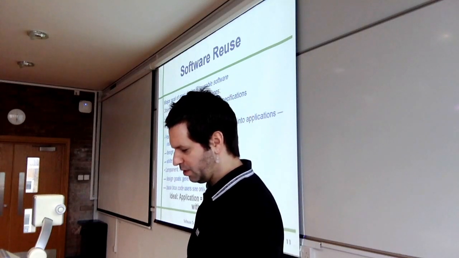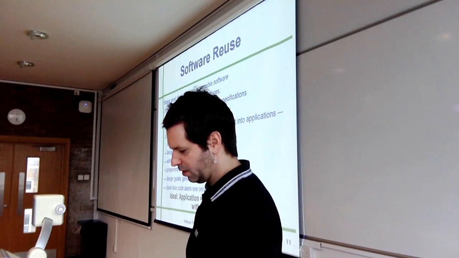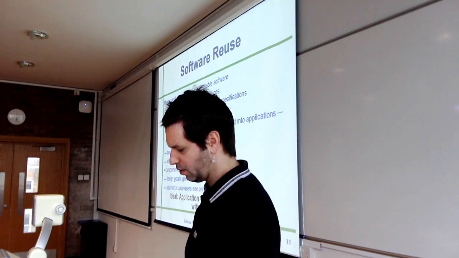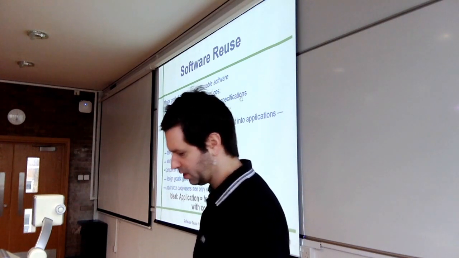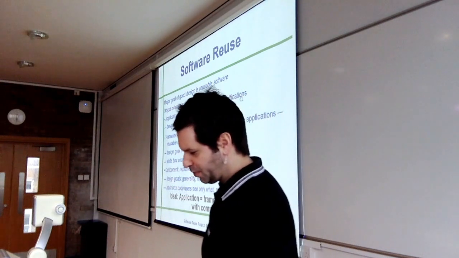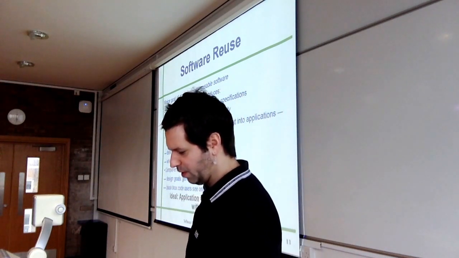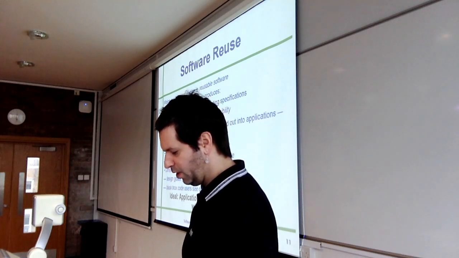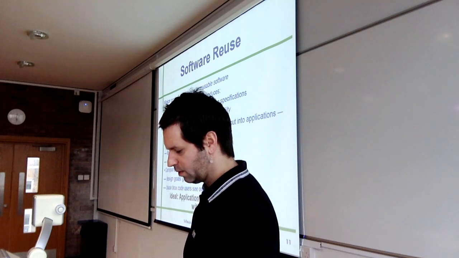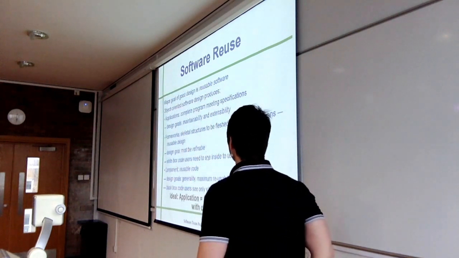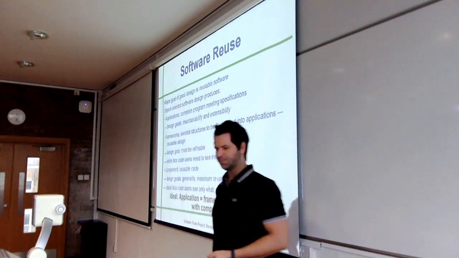We want to build an application that meets the specifications, something that's maintainable and extendable, and at the same time reusable. So we want reusable components, objects that can be reused over and over again.